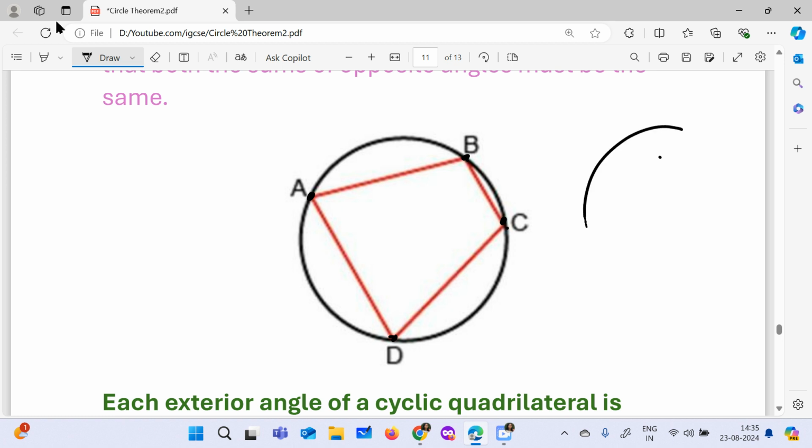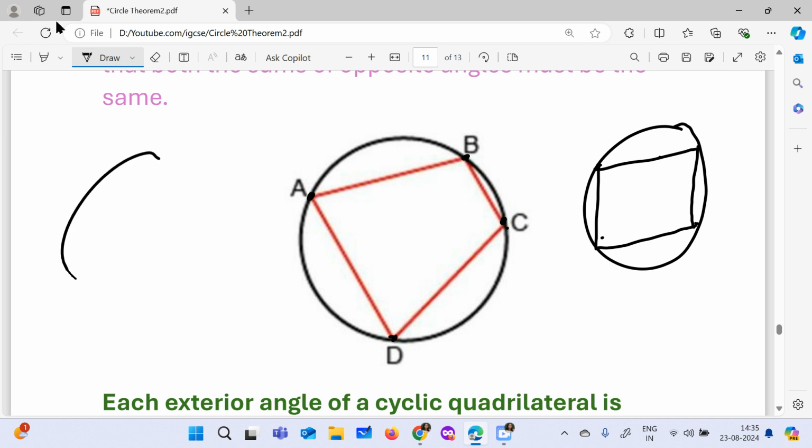Is this clear to you? When all four vertices are on the circle, only then do we call it a cyclic quadrilateral. Suppose I have a circle like this and I draw a quadrilateral like this. What did you say? Is this cyclic?